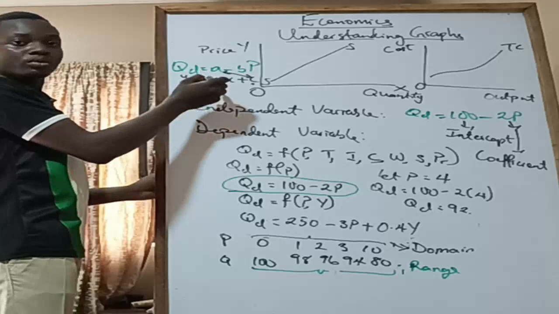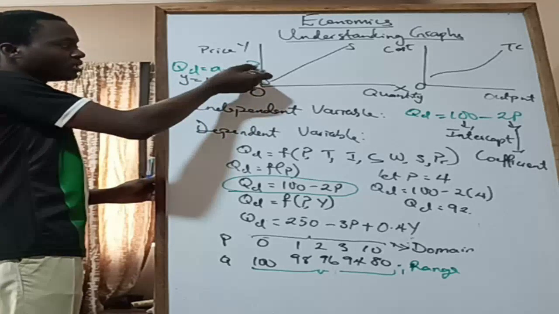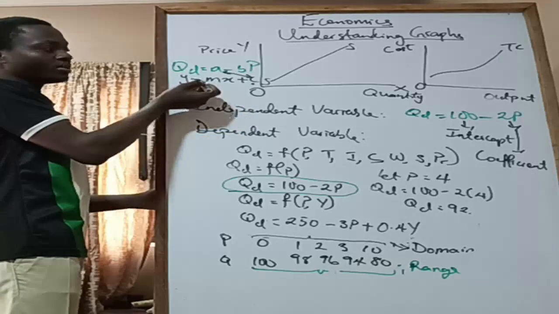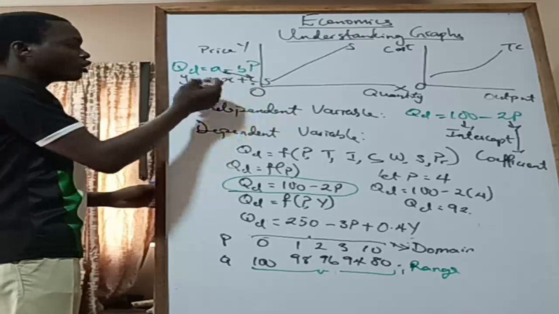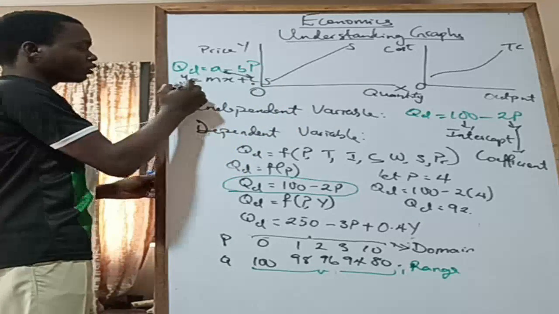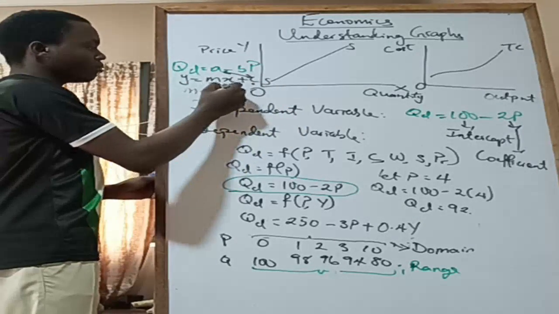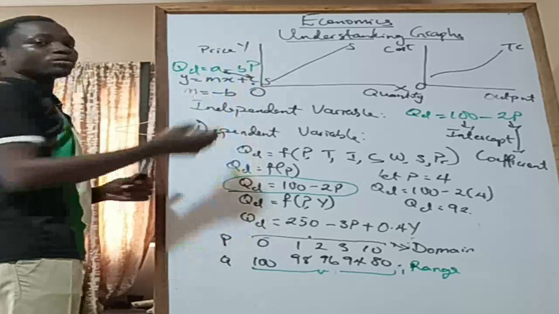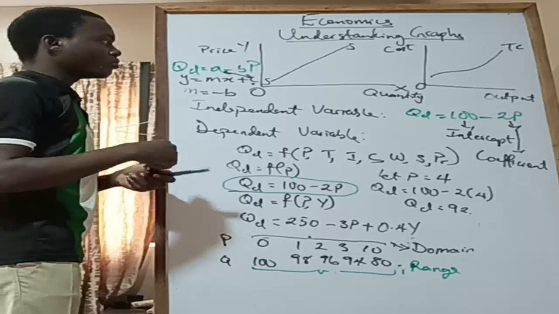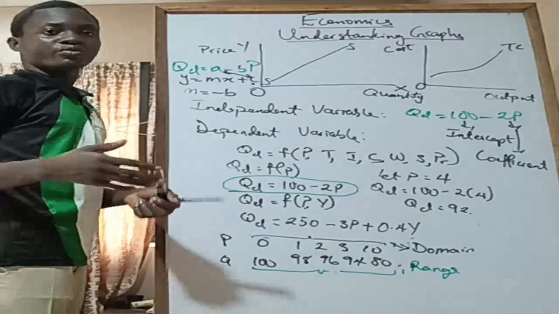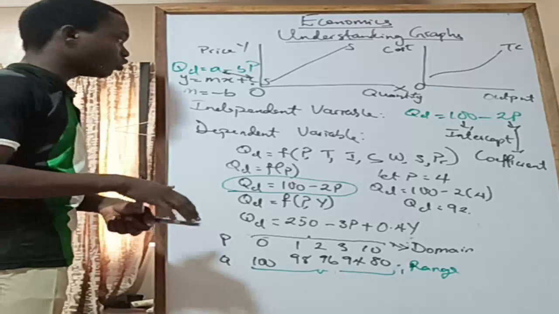M is the slope, so M is the same thing as B. But in this case, it is a plus M, even though we don't put a plus beside it, and this is a minus B. So the slope term M represents slope when you estimate a linear function like this. So you have M equals minus B. So minus B is your slope in this demand function. That's what I'm just trying to tell you, although we are still going to do mathematical calculations on slopes for you to know how to get a slope.